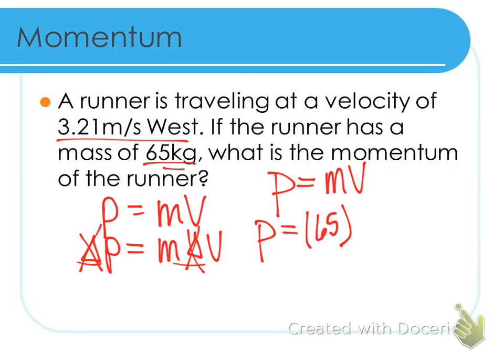And our velocity here is heading west, which means we need to include a negative 3.21. For your final answer, you could just include the negative or include the west if you want, but this gives us a really clear indication that our velocity is negative, or in the westward direction, and that our momentum should also be in the westward direction.